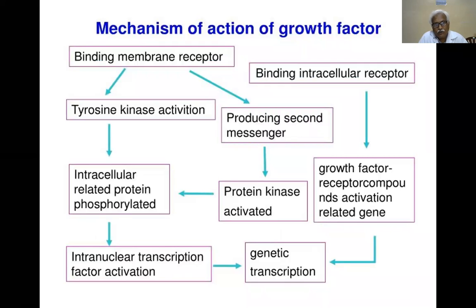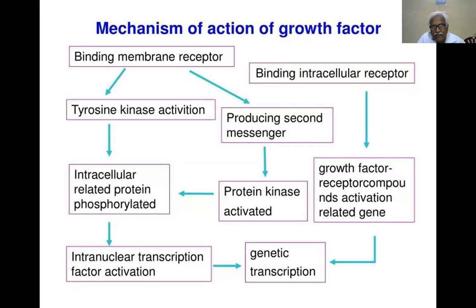So, mechanism of action of growth factors. They bind to the membrane receptor and then tyrosine kinase activation takes place, leading to intracellular related protein phosphorylation, then intranuclear transcription factor activation, and finally genetic transcription.